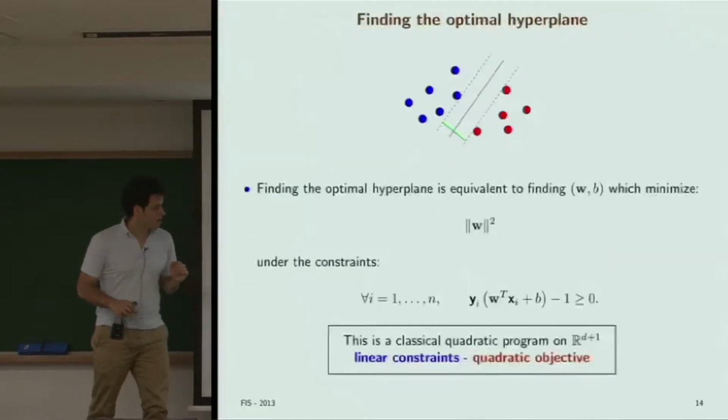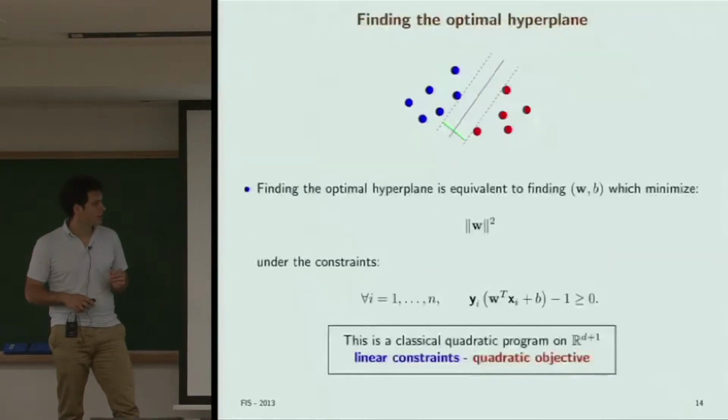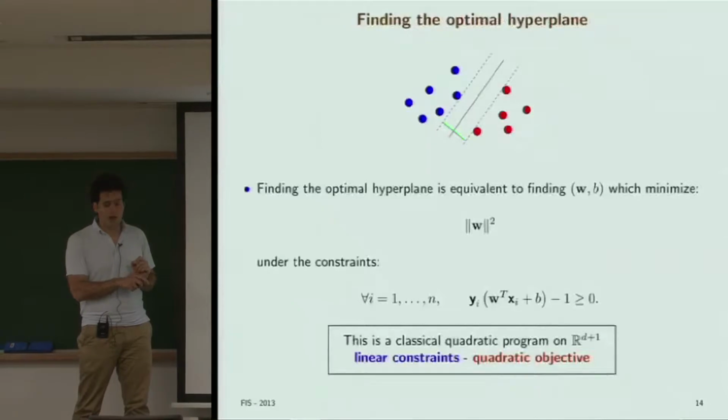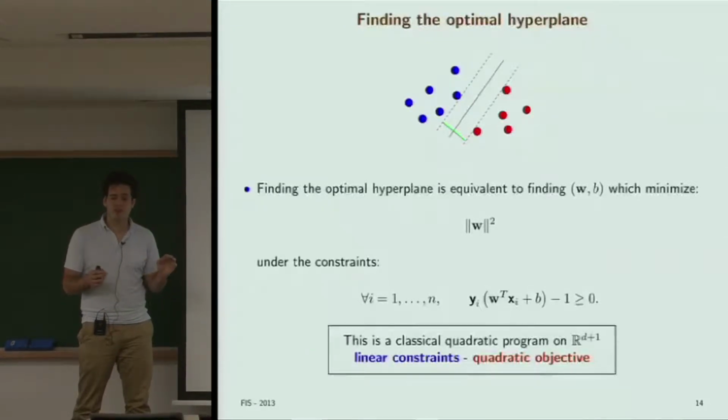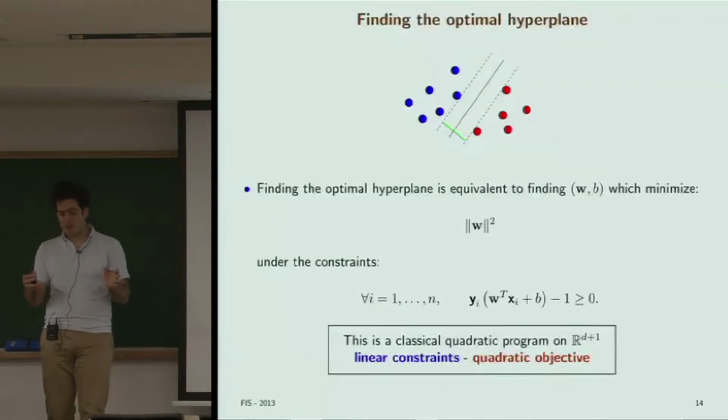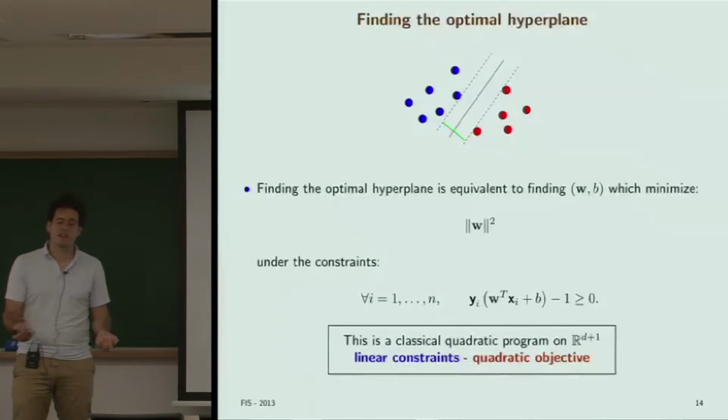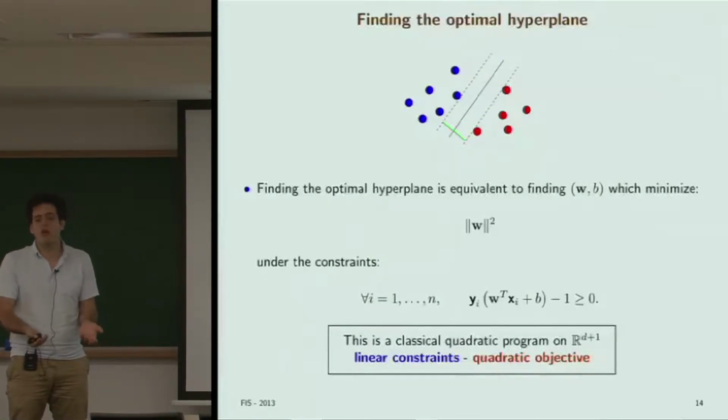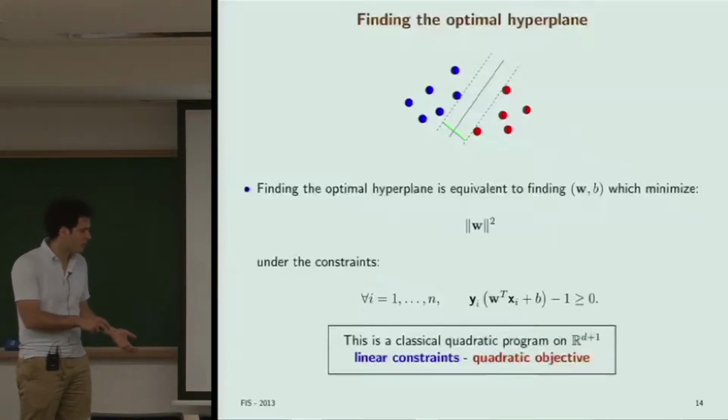So let's sum everything up. We want the tube to be large. The width of the tube is 2 divided by the norm of w. So we want to maximize the inverse of the norm of w, and that's exactly the same thing as minimizing the norm of w, or minimizing the squared norm of w.